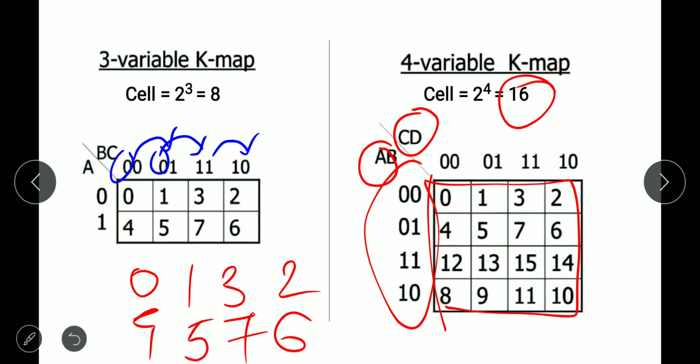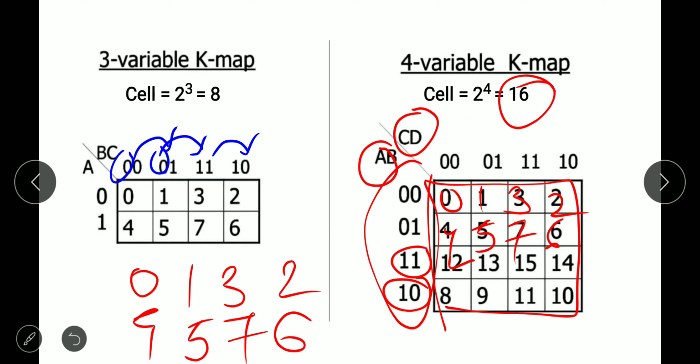So now how can we write it here? 0 1 2 3, then 4 5 6 7. If you see here, 8 9 10 is not present over there. Why? Because this 11 and this 10 consist of 1 1 and 1 0.